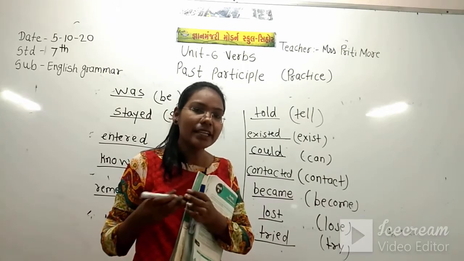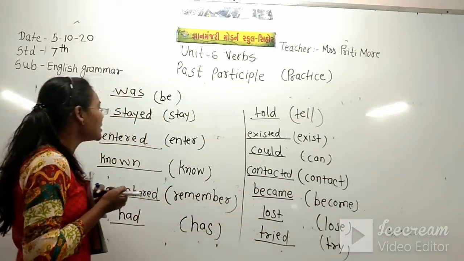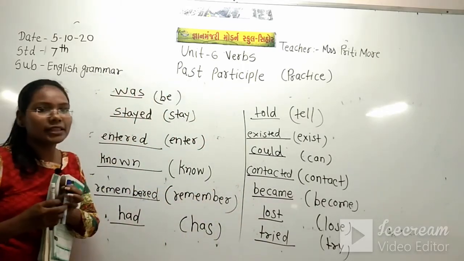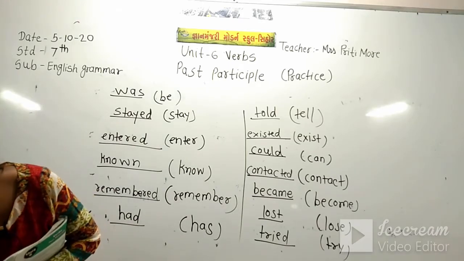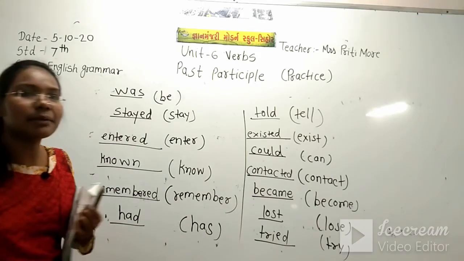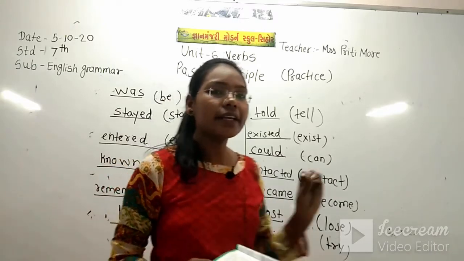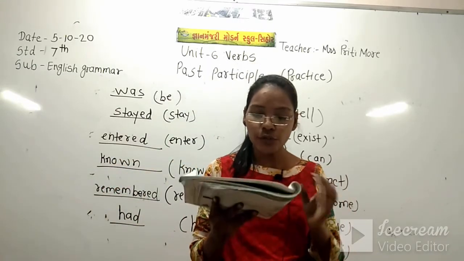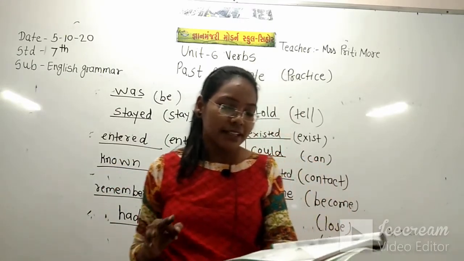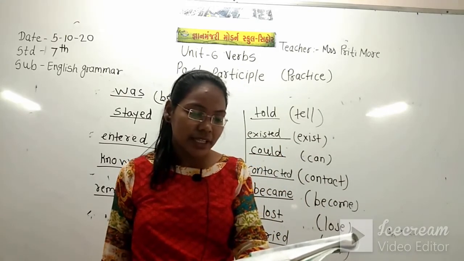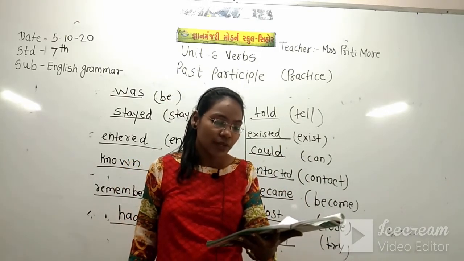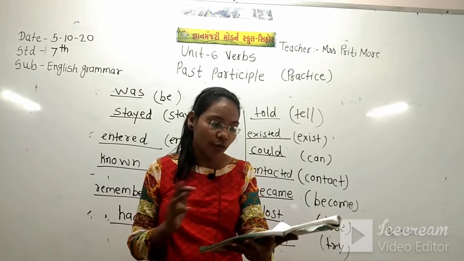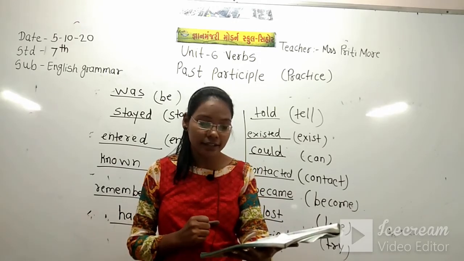Now I hope, students, you have written all the second and the past participle forms of the verb at the blank space. Now I read the whole passage for you. One evening in 1995, Carrie Gordon Trantham was returning home from Florida where her daughter stayed.